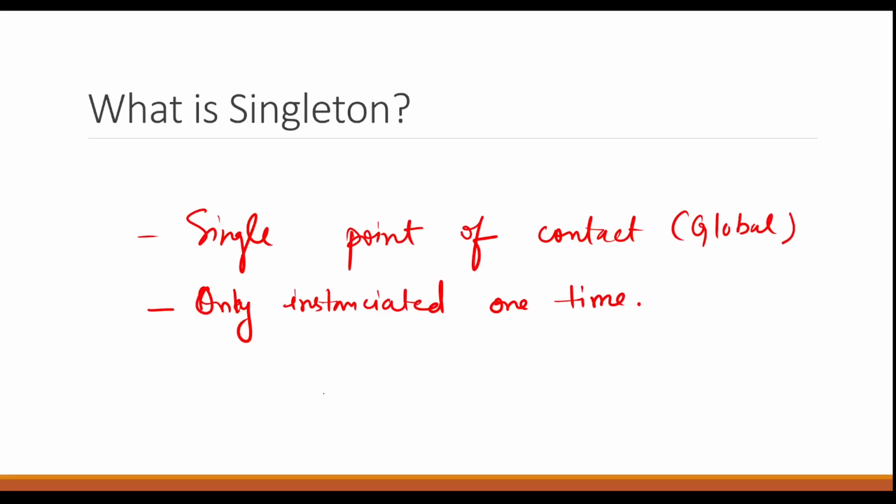Okay, so this is why we use the singleton pattern, and this is also kind of a definition of the singleton that I have already explained. Okay, so this is what a singleton is.